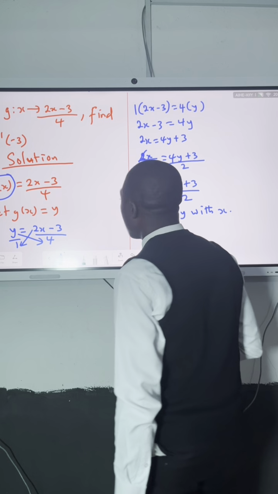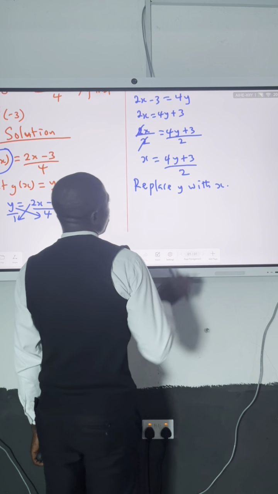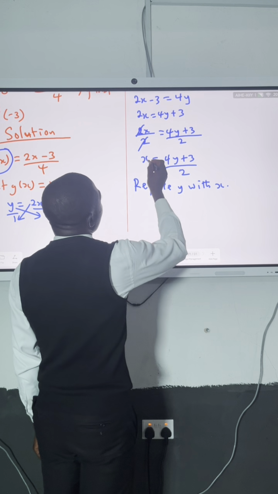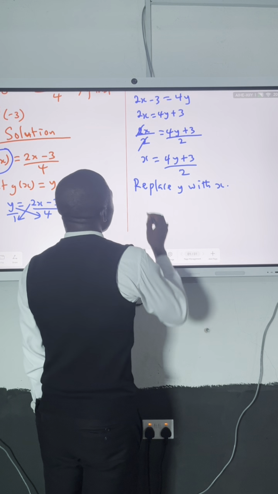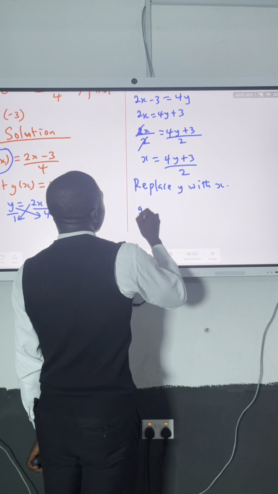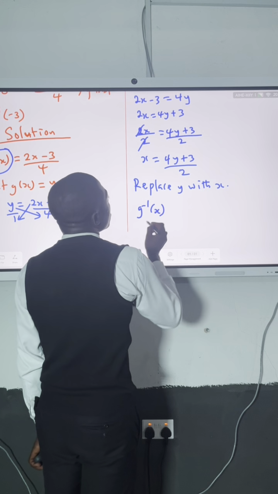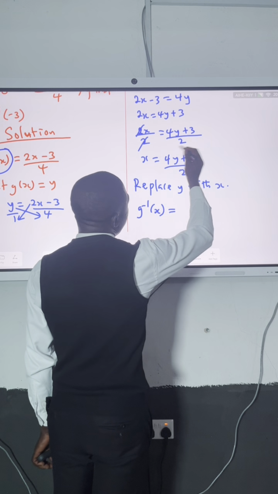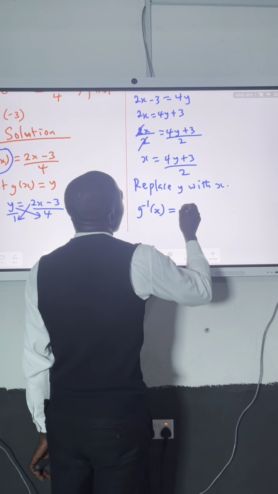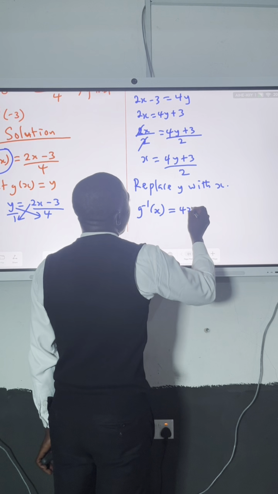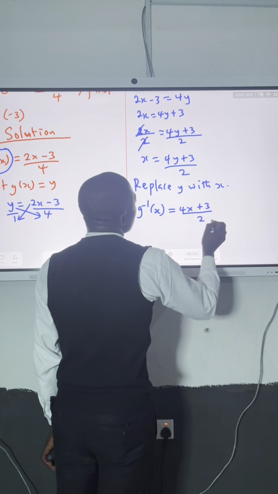So if you replace y with x, see what will happen now. As you replace y with x, where x is standing, we're going to have g inverse of x is equal to, so when you come over here, you replace y with x. So we're going to have it as 4x plus 3 divided by 2.